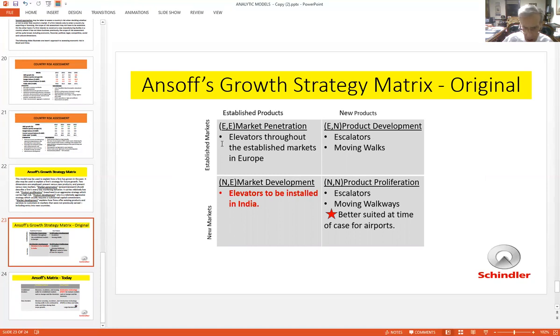The company at the time that the case we looked at, which was several years ago, was drafted. Since then, Schindler has moved into China. The guy who entered India successfully became the CEO of Schindler. So much has changed, but the company is very successful.